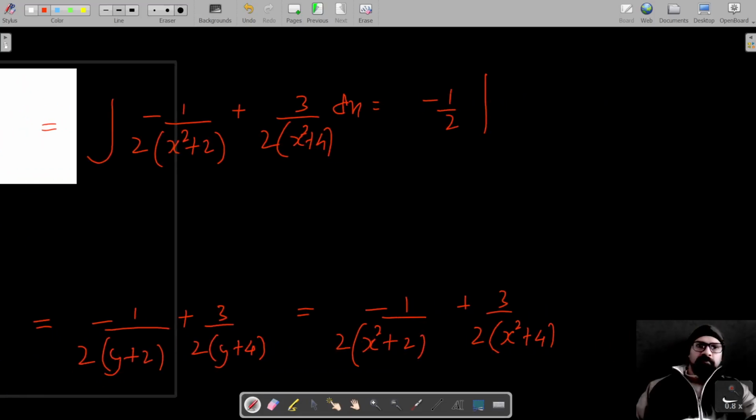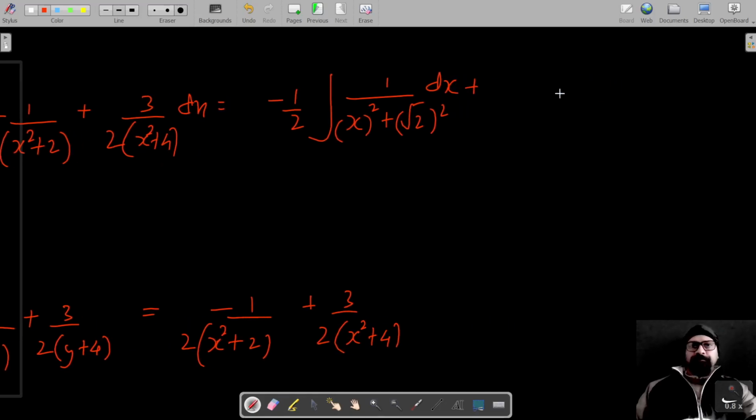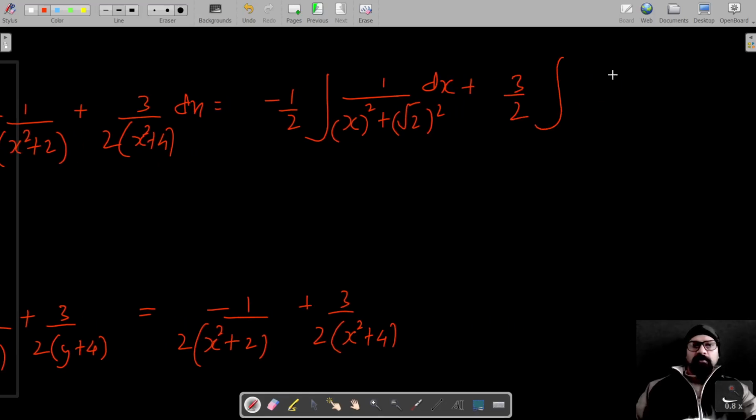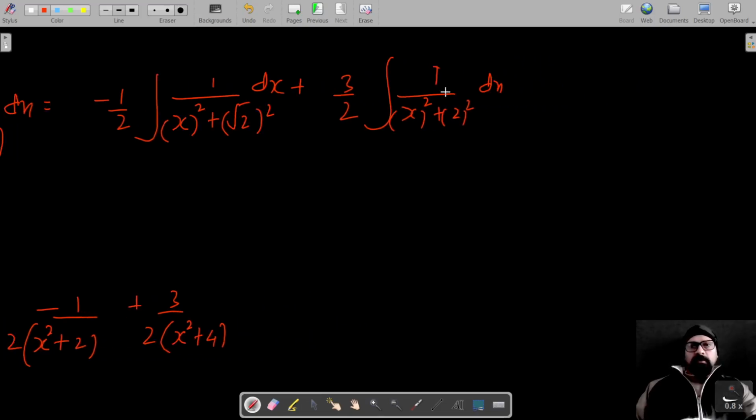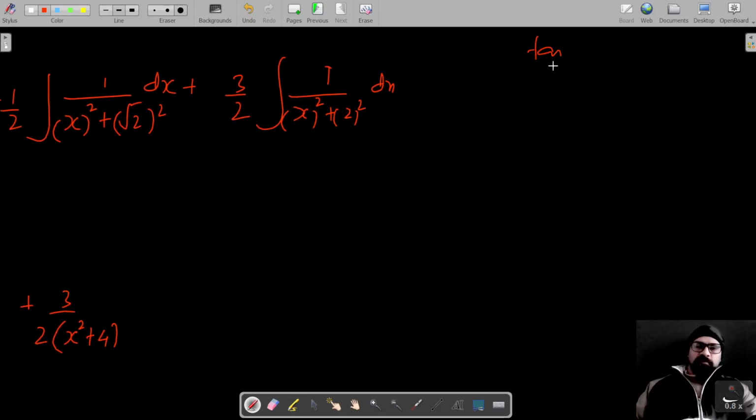The first one, negative half is out, and this is 1 upon x the whole square plus root 2 the whole square into dx, plus 3 by 2 integration of 1 upon x the whole square plus 4, which can be written as 2 square. Now we are going to use a formula here: what is the integration of 1 upon x squared plus a squared?